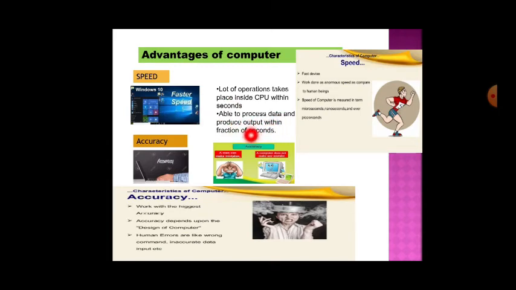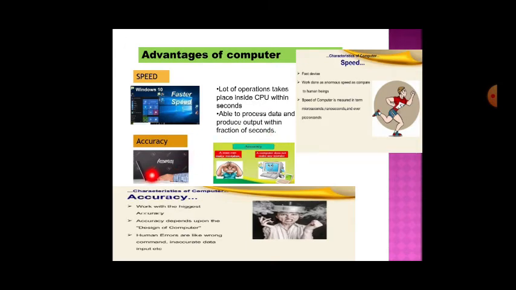You give one problem, it will solve it within a fraction of a second. Next, a fast device, work is done at a speed much faster compared to human beings. Speed of the computer is measured in terms of microseconds, nanoseconds and even picoseconds. So within seconds we get the results.